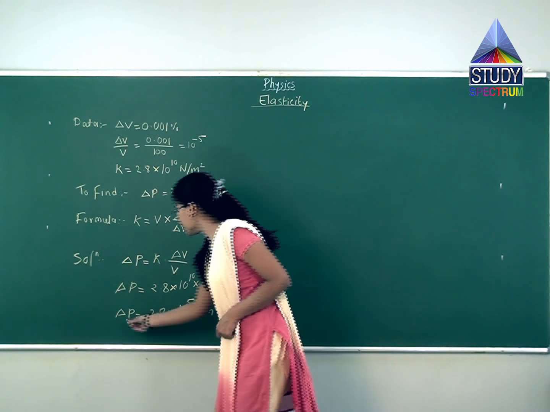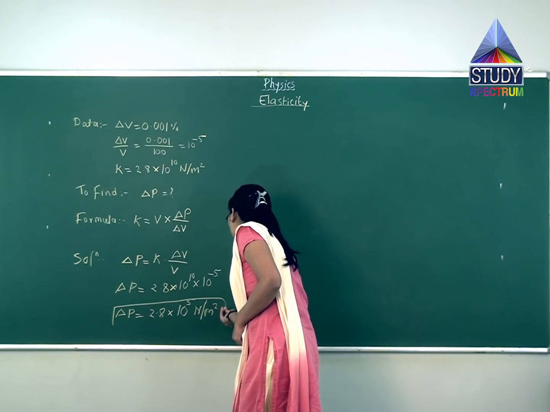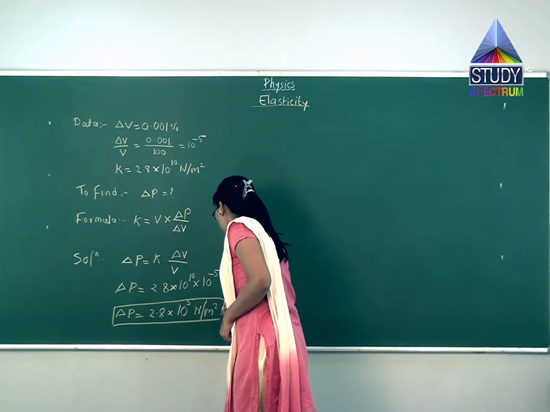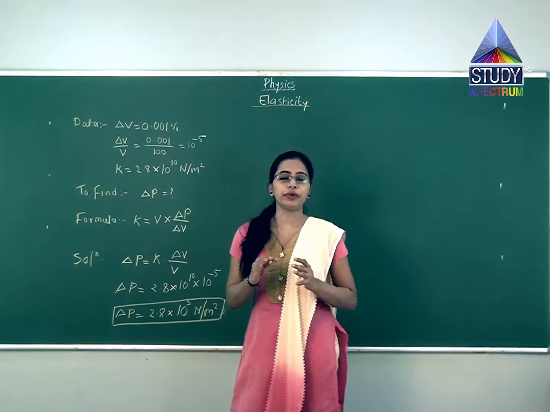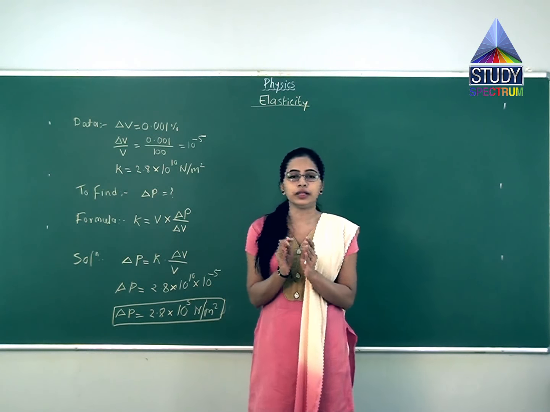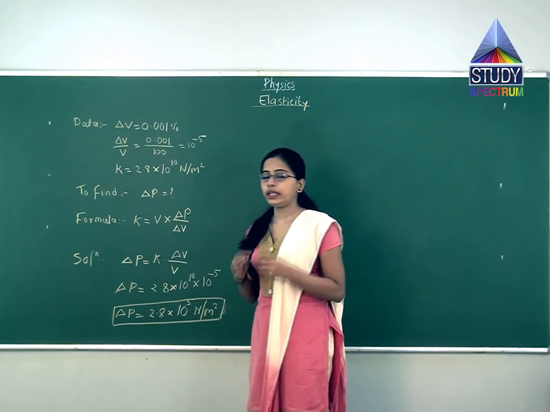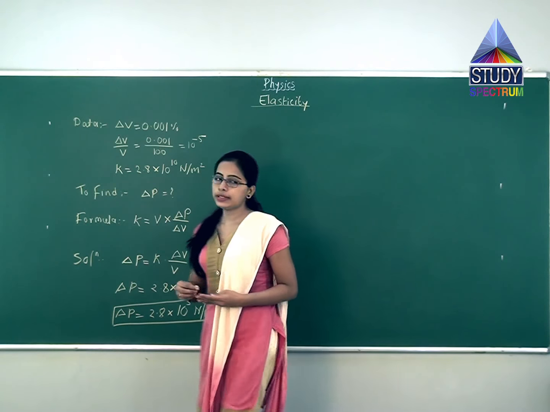Now this is your answer. Box it. And mention it properly that the change in the pressure is equal to 2.8 into 10 raised to 5 Newton per meter square. Now here is our next example.